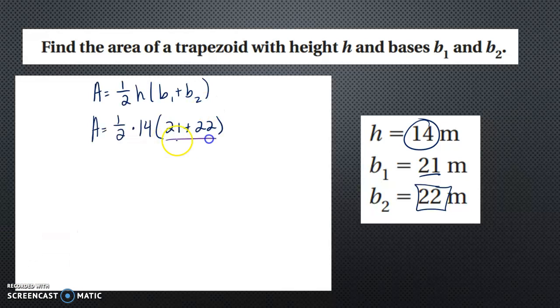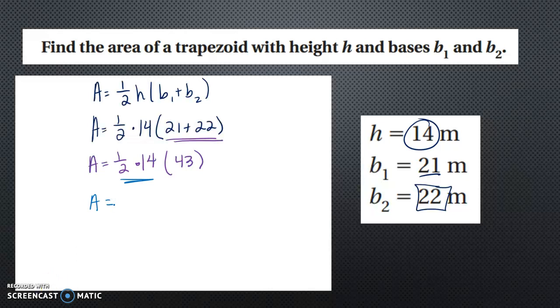It tells us to do parentheses first. So I go through and copy everything I don't use: 1/2 times our height, which is 14. And then in parentheses, when I find the sum of 21 and 22, I get 43. From here, I'm going to do half of 14.